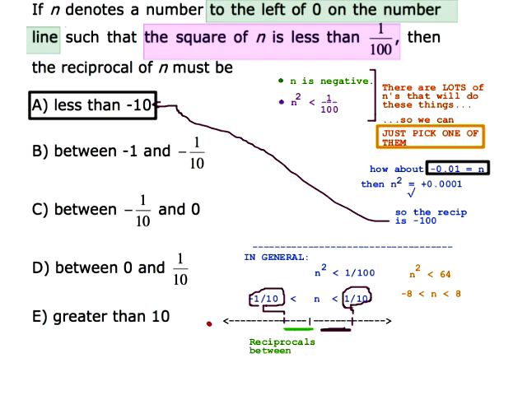Between -infinity and -10. And then these ones which are ruled out of this problem are going to have reciprocals between 10 and infinity. So there you go. All right.